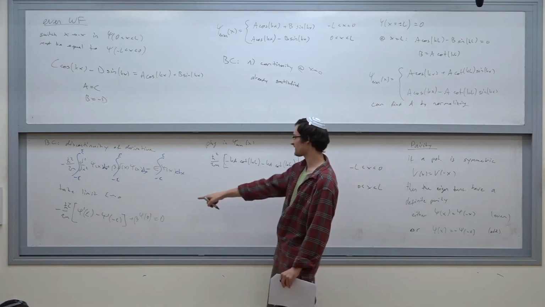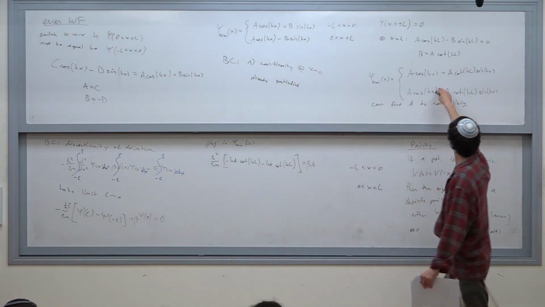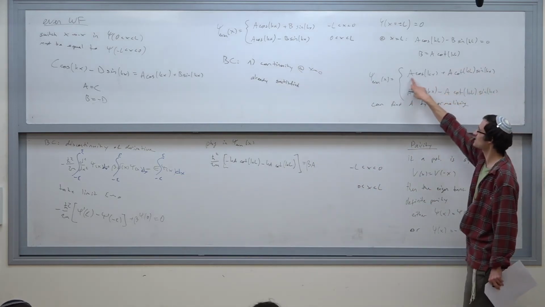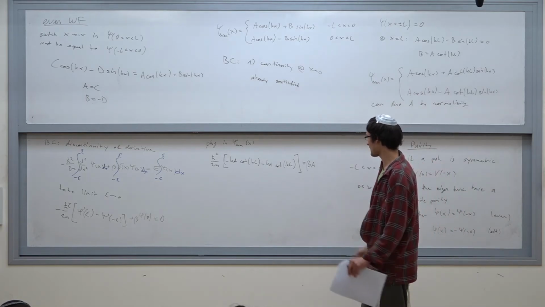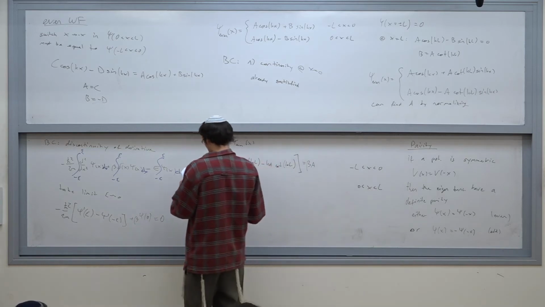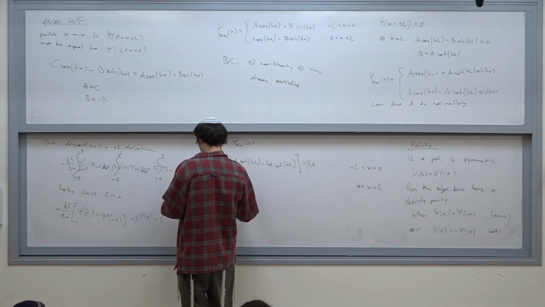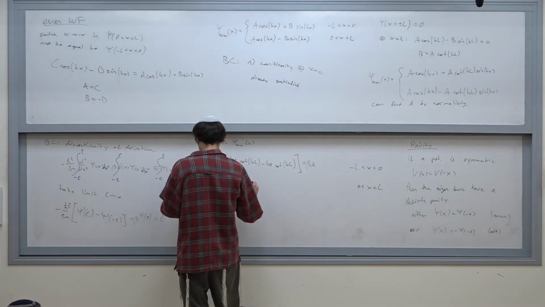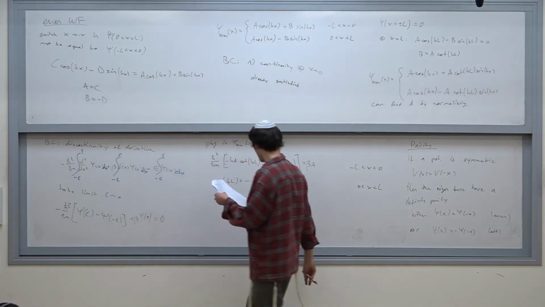A is just the wave function at 0. Look at the wave function at 0, then the sine disappears, cosine is 1, the result is a. Play around with this, and we find cotangent of kl equals minus m beta divided by h bar squared k.